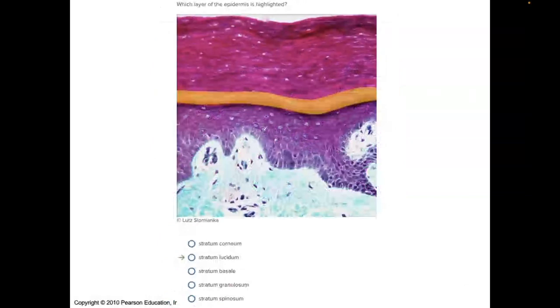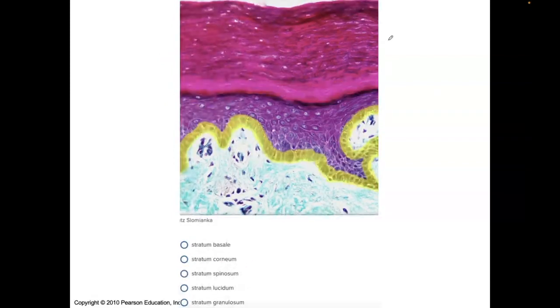Stratum corneum. This is stratum corneum. So the highlighted yellow one is the lucidum, stratum lucidum. The highlighted yellow down here at the bottom, stratum basal.